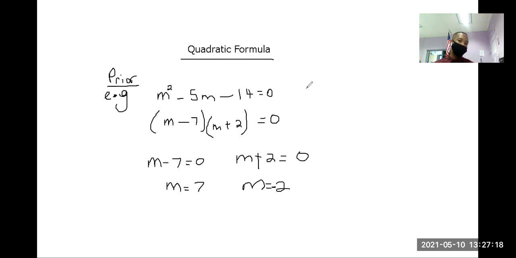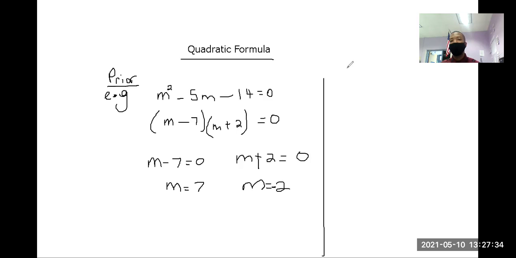All right, so now we've got to look at an example, which is where the quadratic formula comes into play. You could also use the quadratic formula for something as easy as this. So if you wanted to, you could just use the quadratic formula all the time.